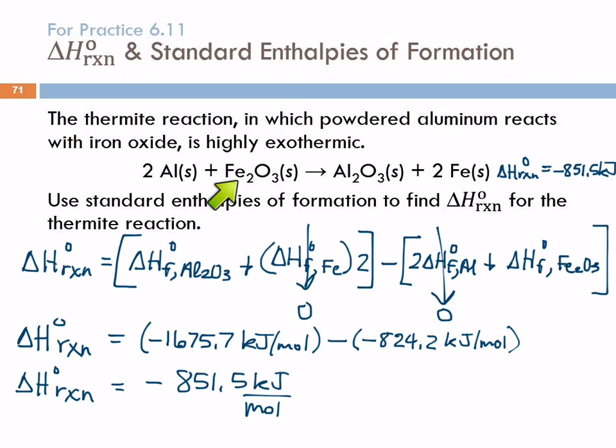And so this released 824 to form, and this releases 1675. If I take this Fe2O3 and instead of forming it, I decompose it, which is what we're really doing here, it's going to absorb 824 kilojoules per mole. And so overall, this is being absorbed, the 824, and this is being released. And so the difference is this.